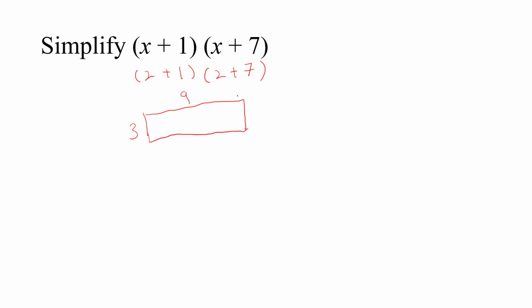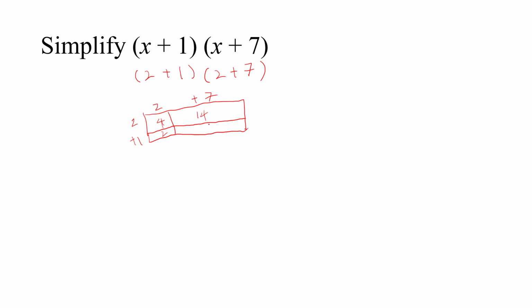But if I want to break them down, what I can do is this. I can have a 2 and plus 1. So I will divide this rectangle like this. Then I have 2 and plus 7. So if I want to find the area of this smaller square, it will just be 2 times 2, I will get 4. 2 times 1, I will get 2. 2 times 7, I will get 14.